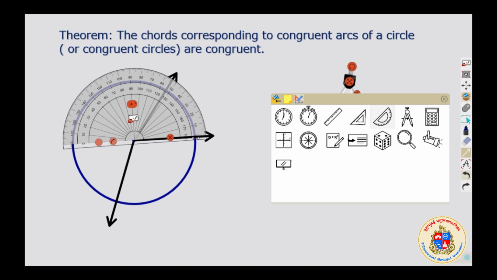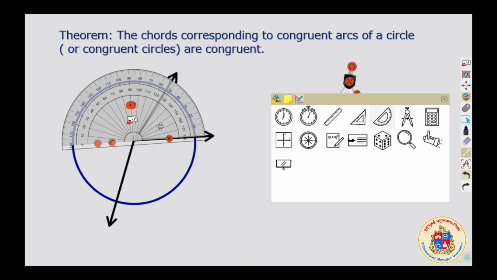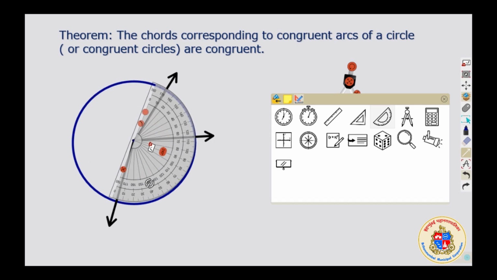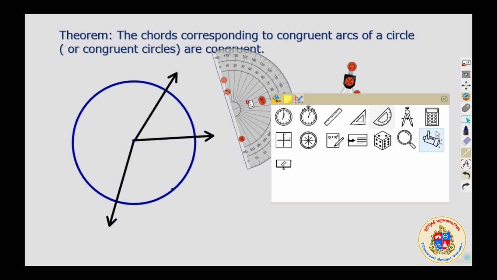This is 54 degrees. The same measurement I need here for the other arc also. So I will mark 10, 20, 30, 40, 54 degrees. Okay, marking is done.